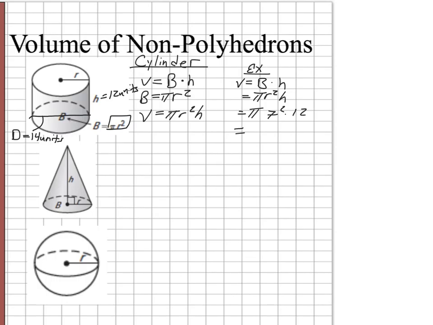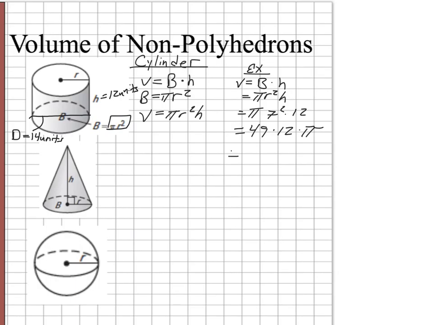So I get 49 times 12 times pi. 49 times 12 is 588.